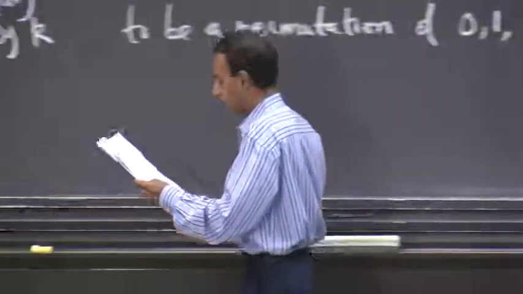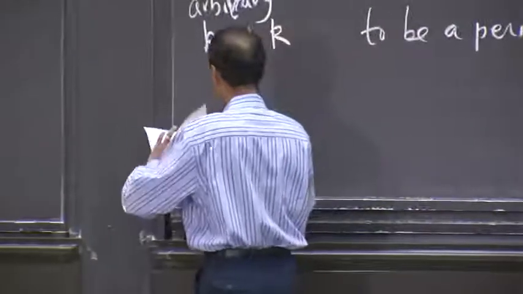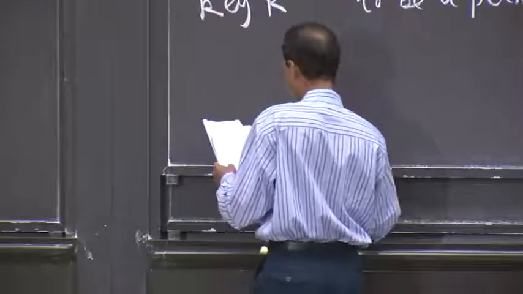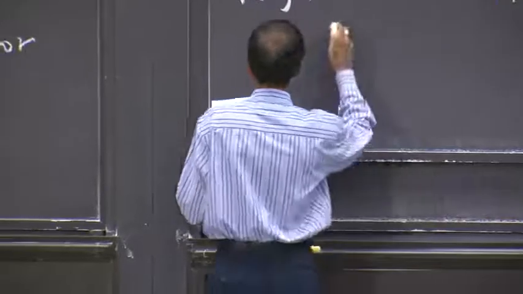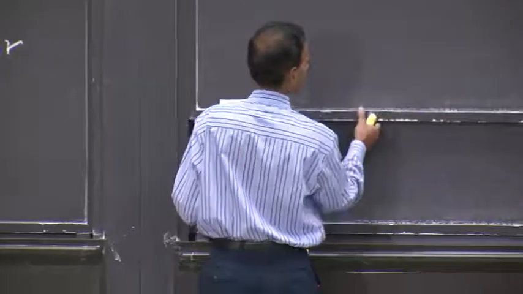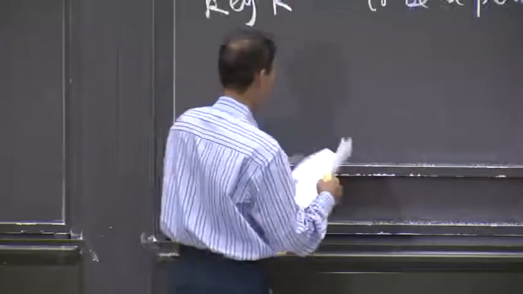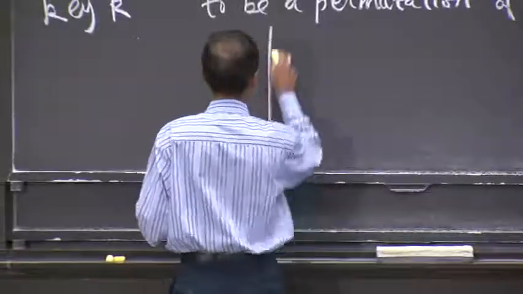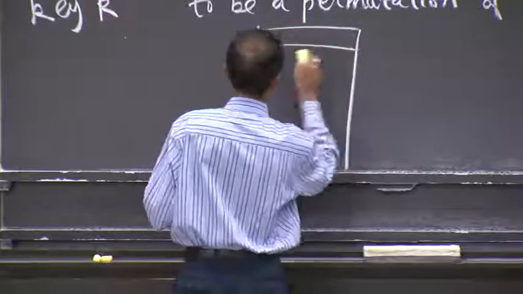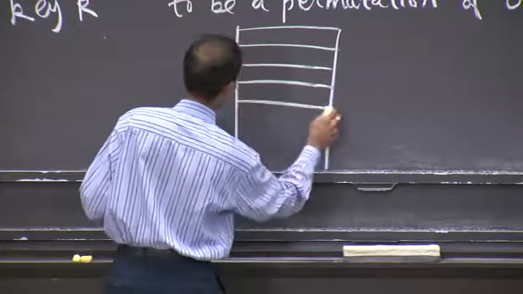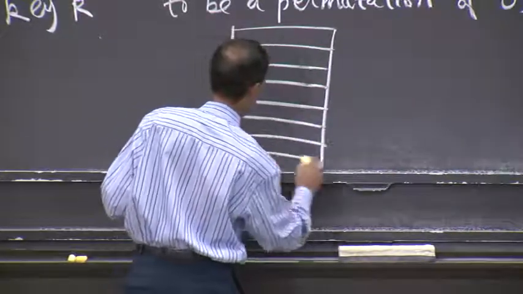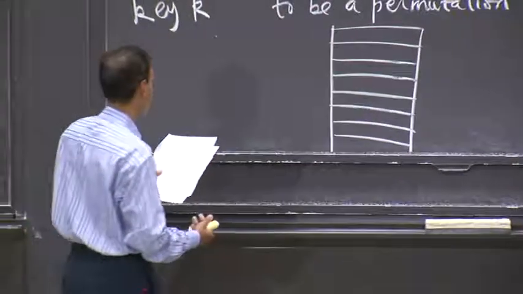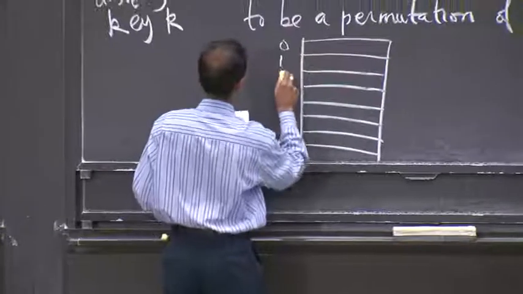So let's take a look at how this might work in practice. Maybe the easiest thing to do is to run through an example, and then I'll show you some pseudocode. Let's say that I have a table here, and I'm going to concentrate on the insert operation, and I'm going to start inserting things into this table.